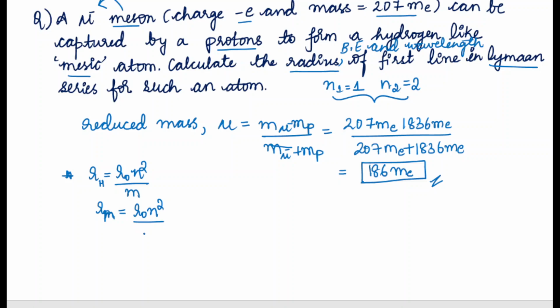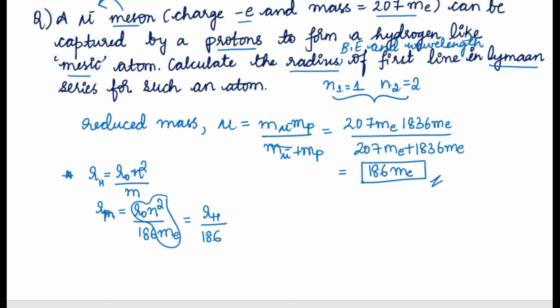What is the value of mu? It is 186 times the mass of an electron. So instead of r naught n square divided by m e, you can take the value of r H divided by 186.